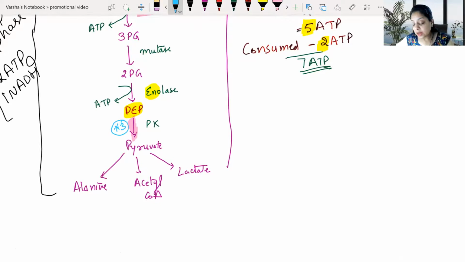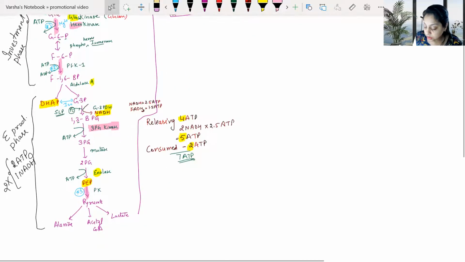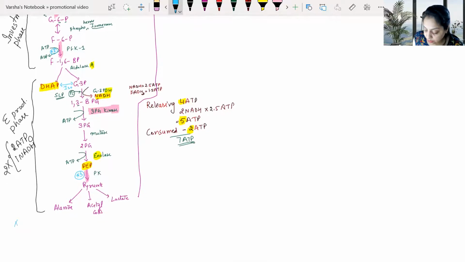What are these highlights? 1, 2, and 3, right? At the bottom, write it down here: *1, *2, *3. Or those who are using the highlighter, just highlight them. What do we mean by that? They are irreversible steps.